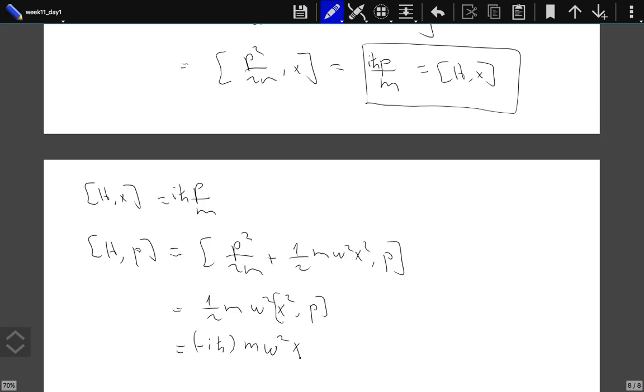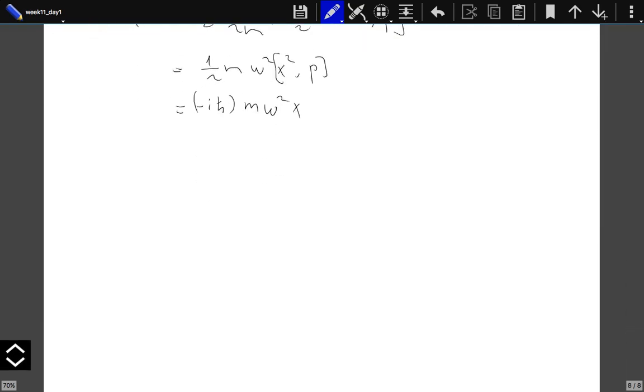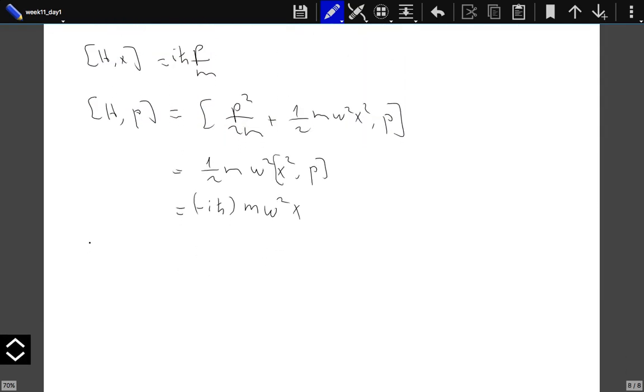If you just divide this by i ħ, it should be the time derivative. The force should be in the minus x direction. Now let's look at x of t. Or hold on, we have the H of p.